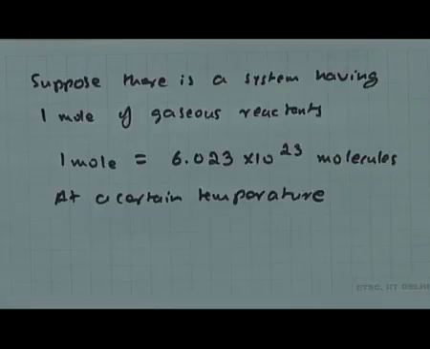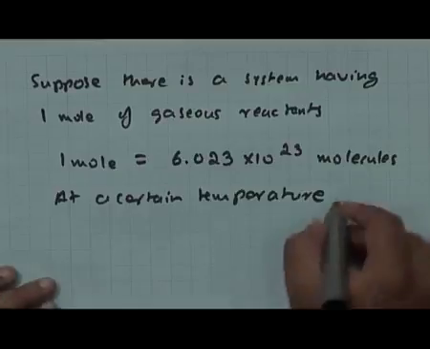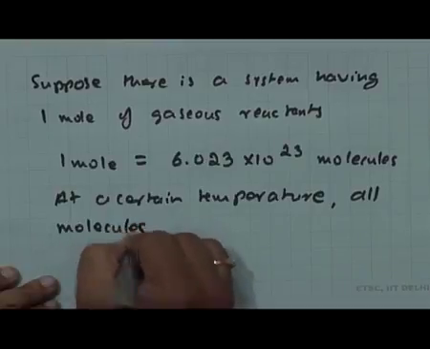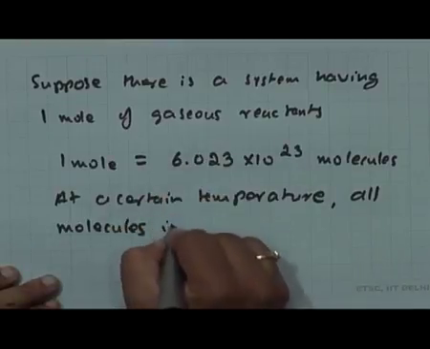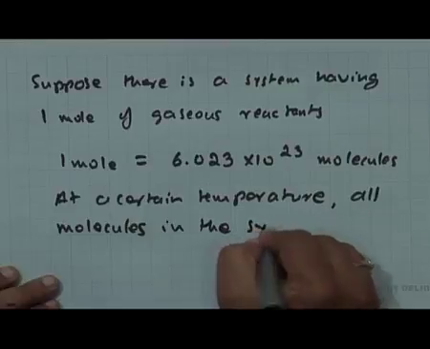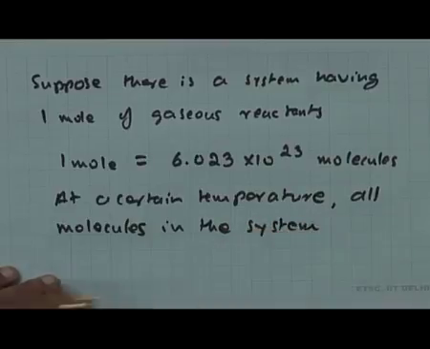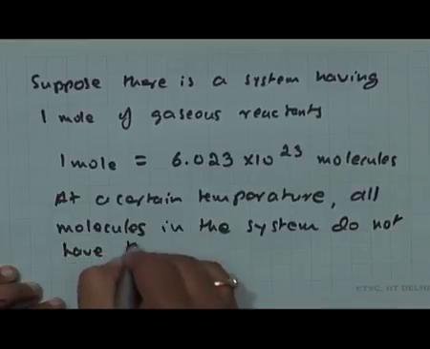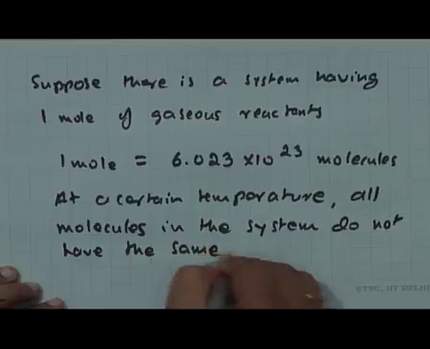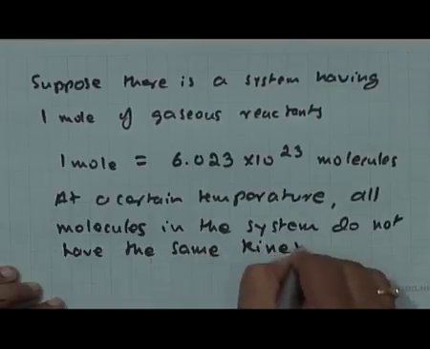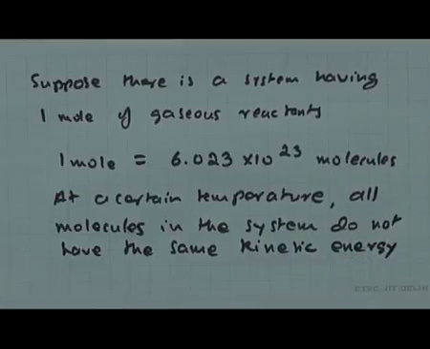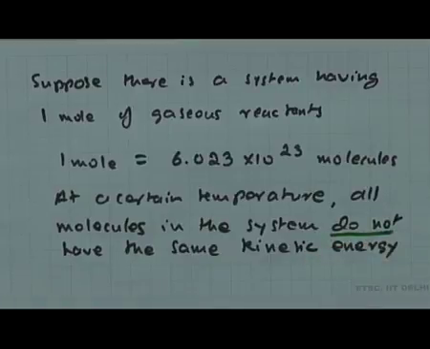So, at a certain temperature what happens is that all molecules in the system do not have the same kinetic energy. Okay. So, they do not have the same kinetic energy.